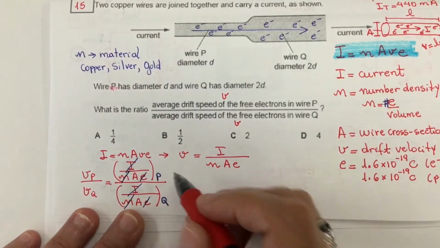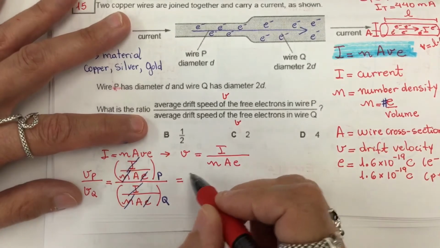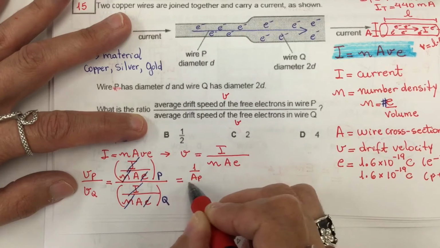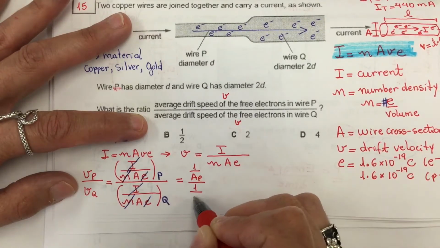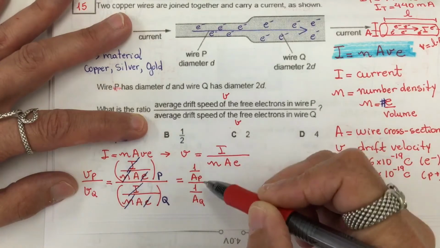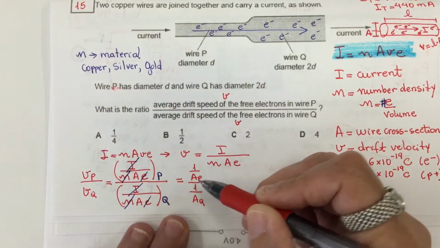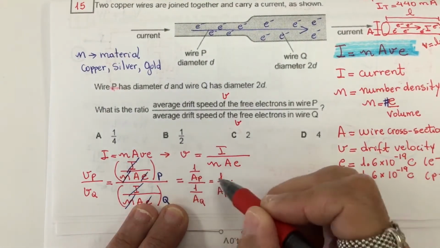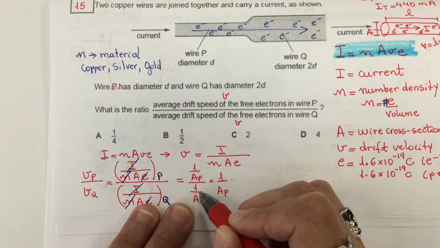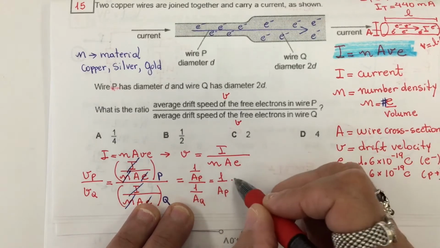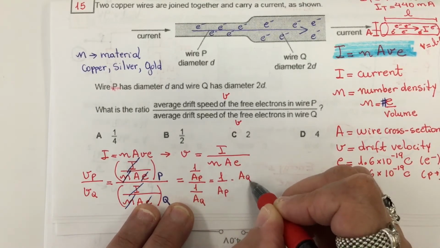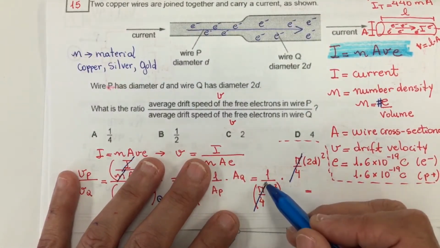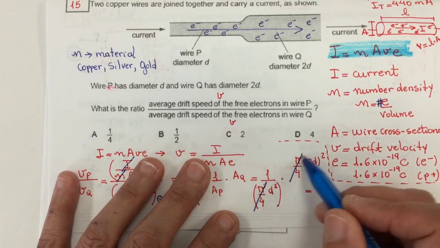So what is left from this? We have 1 over A_P, and the other one is 1 over A_Q. The subscripts just identify the area of the section of the wire. To solve this, I keep the numerator and I flip the fraction in the denominator. So it will be A_Q over A_P. After all the substitution, you can cancel pi over 4 on both.